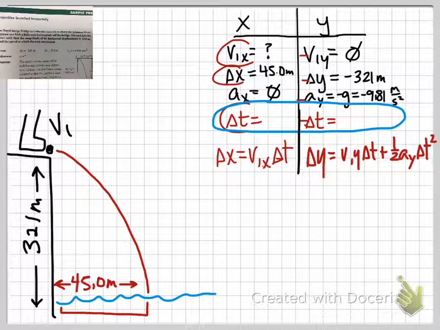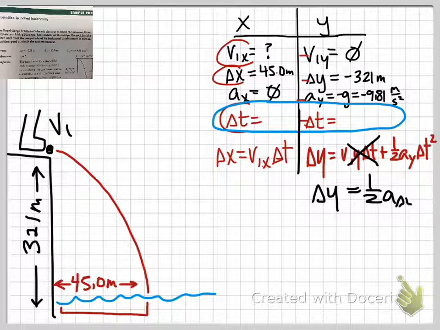By golly. Now, is there anything there that we could zero out? Oh, viy. There is no viy, so that goes away. So we're left with delta y equals 1/2 a sub y delta t squared.